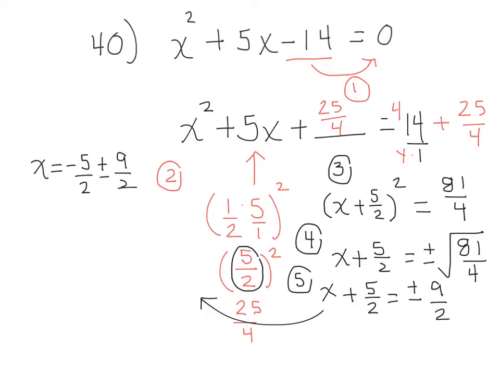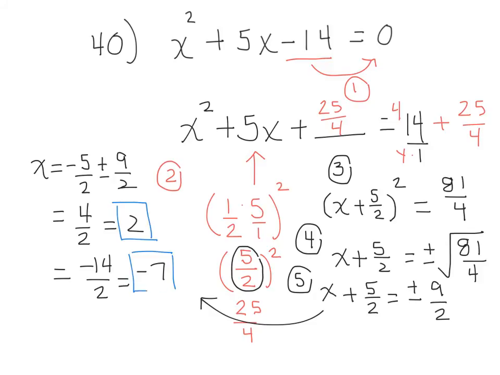Well, negative 5 plus 9 is 4. And 4 over 2 is 2. Negative 5 minus 9 is negative 14. And negative 14 over 2 is negative 7. So our two solutions in this case are 2 and negative 7.